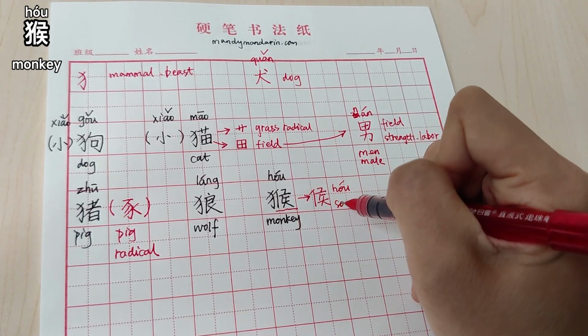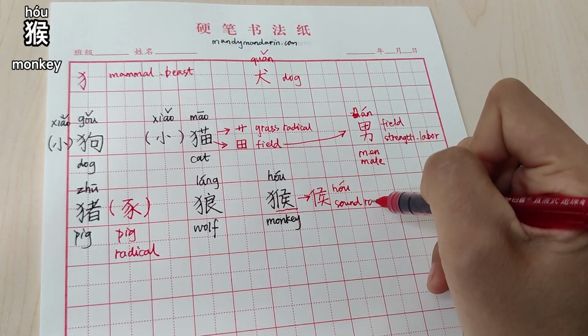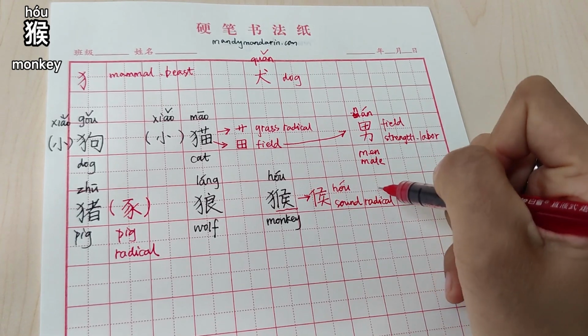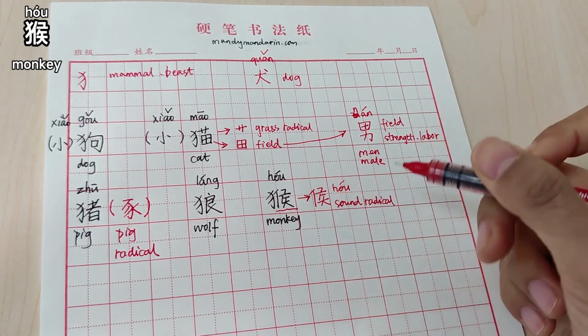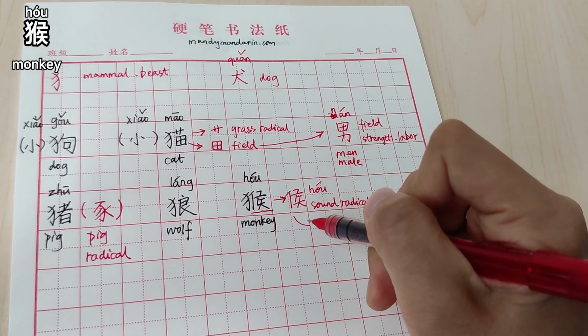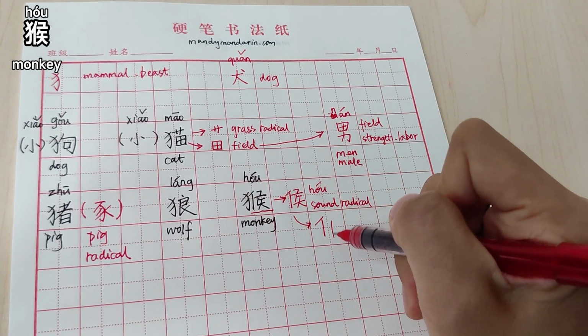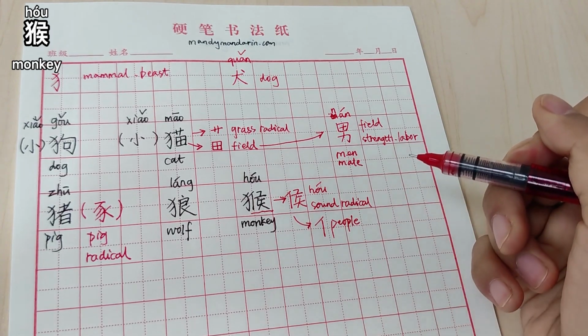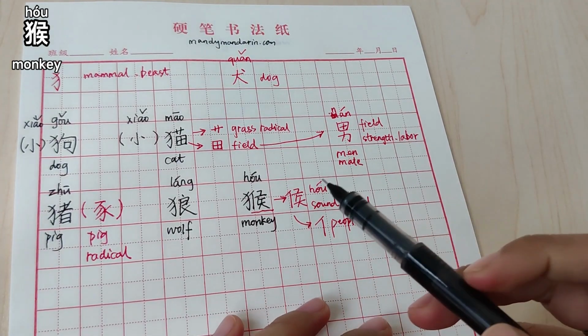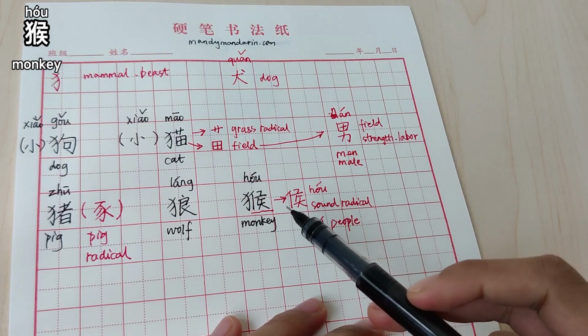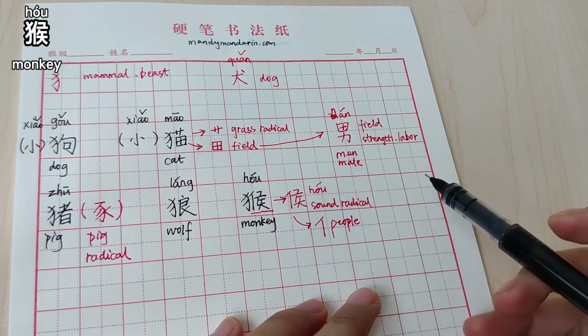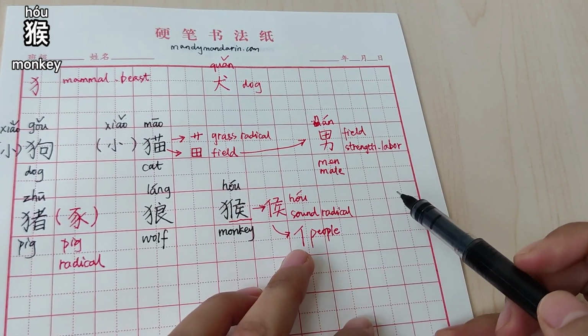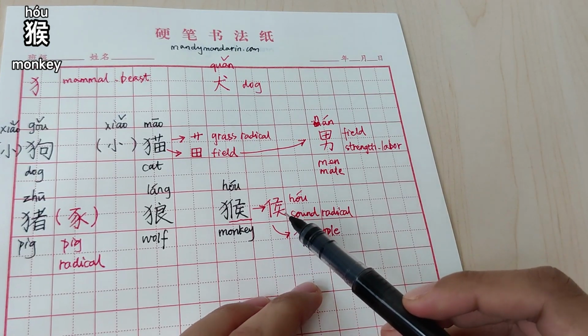Obviously, it serves as a sound radical for the hou. You will see the hou has a people radical in it. I want to point out this part of the hou because we have another word which is very similar to this part.